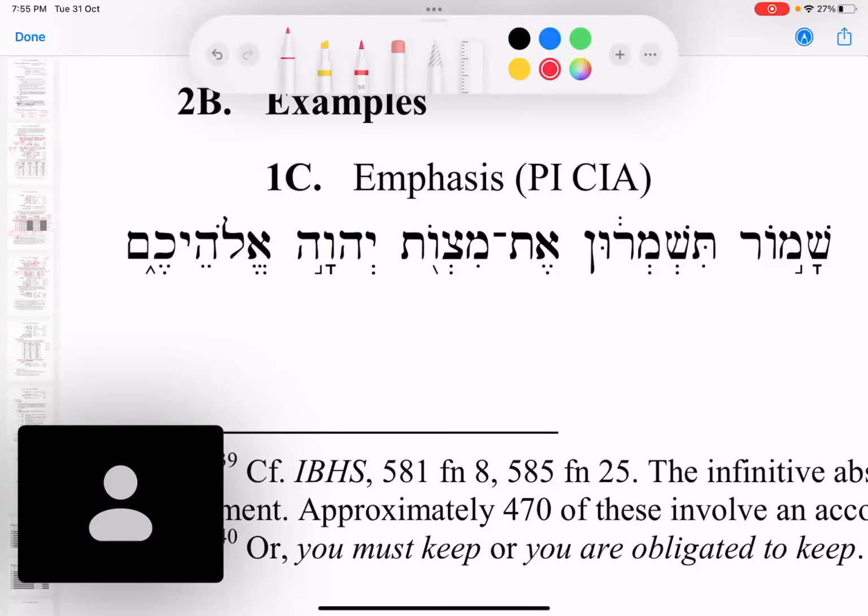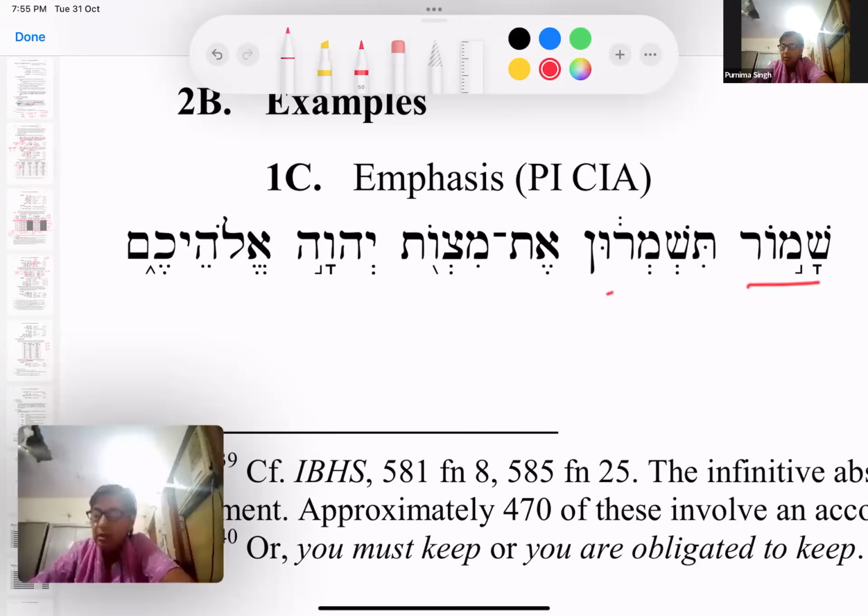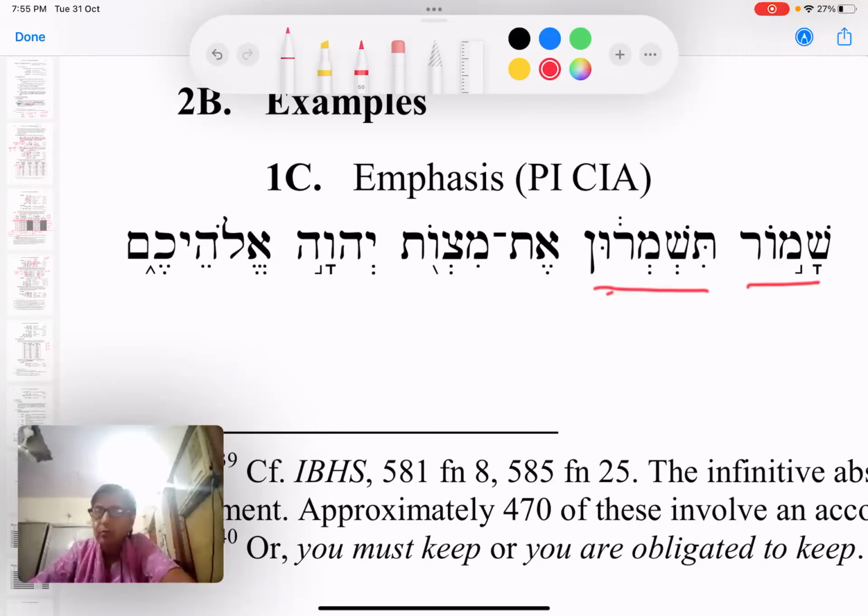Now, here it is Shamor, and here it is Tishmerun. Do you know that these both have the same root verb?